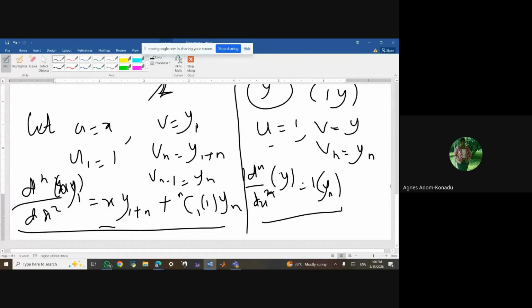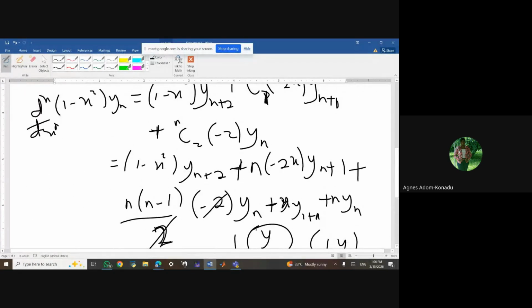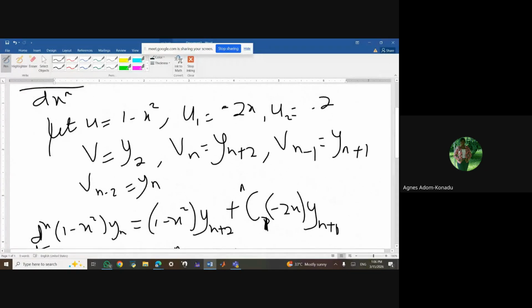Then I'm done with this one. I come to the last one, which is plus 1 y_n. Then you simplify. Is it understood? Do you understand this one?